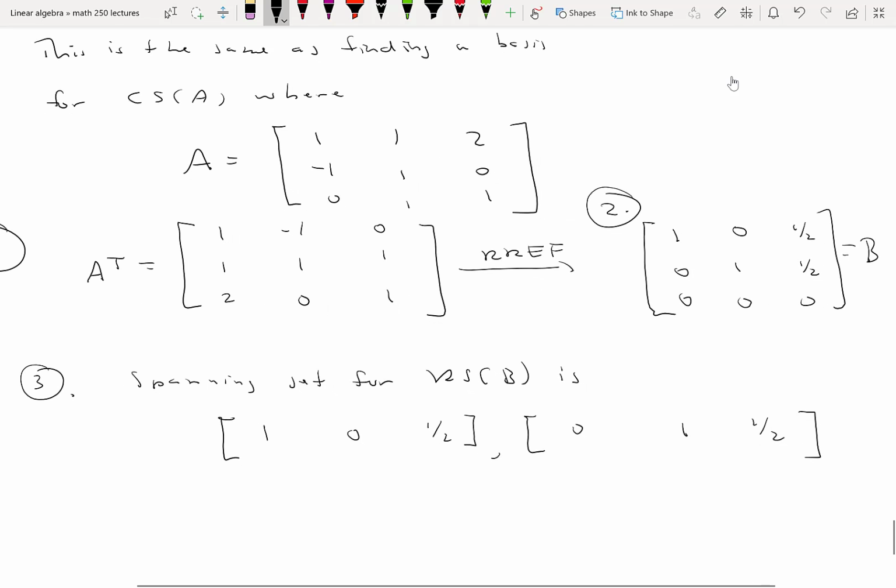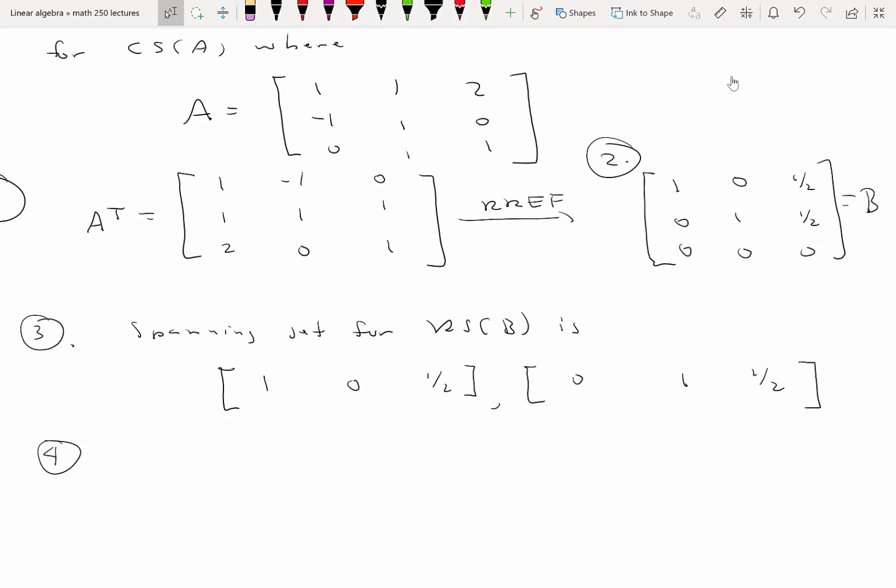Okay, so determine that these are linearly independent. These vectors are linearly independent since they are not proportional.